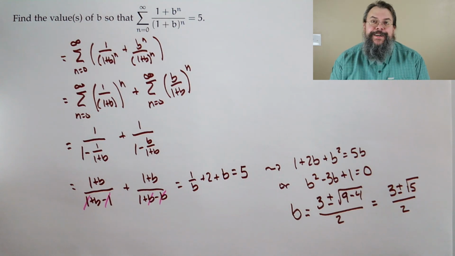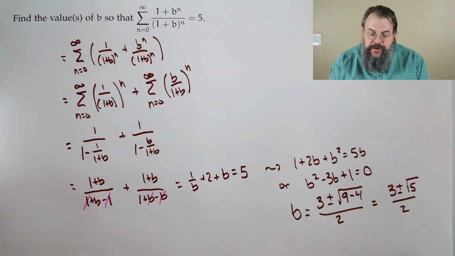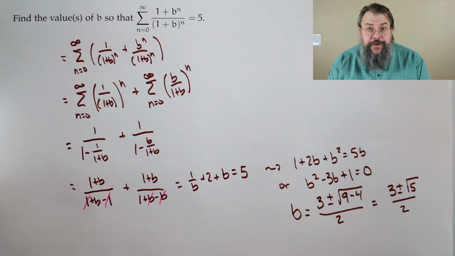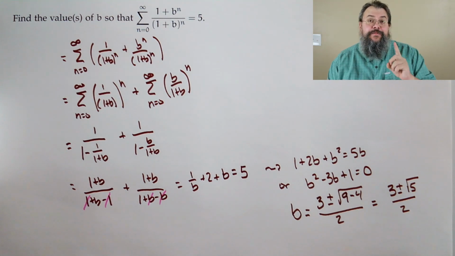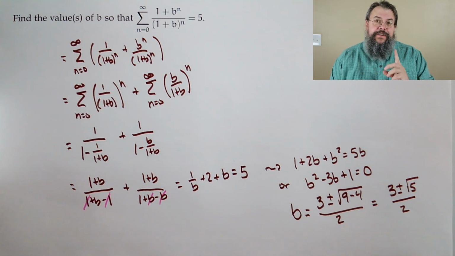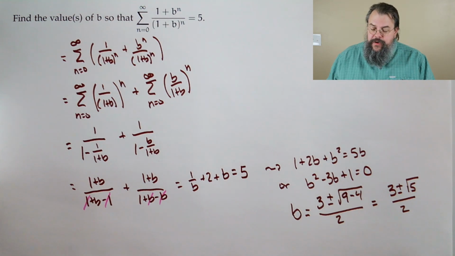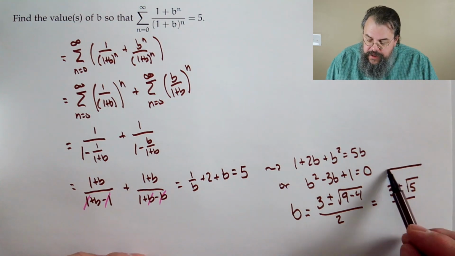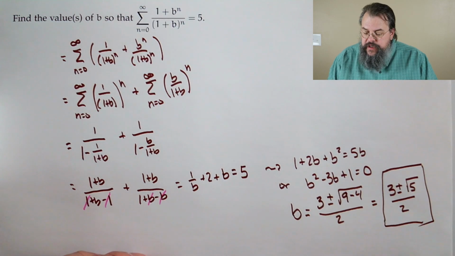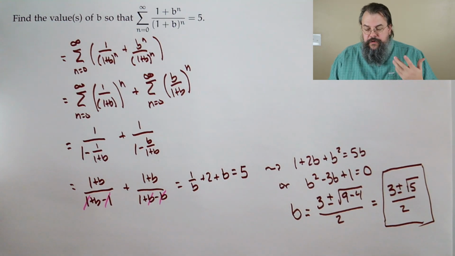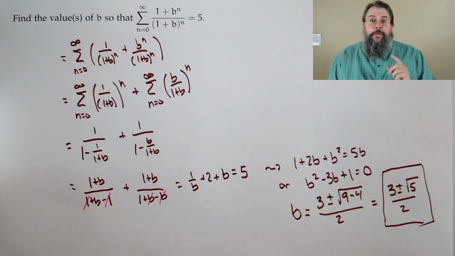Now, here is where we're going to sort of say, and those are the correct answers. But at this point, there is a technicality that you have to check. So I will tell you that both of these work. So it turns out that there's 2 possible choices for b. Do you see the technicality?